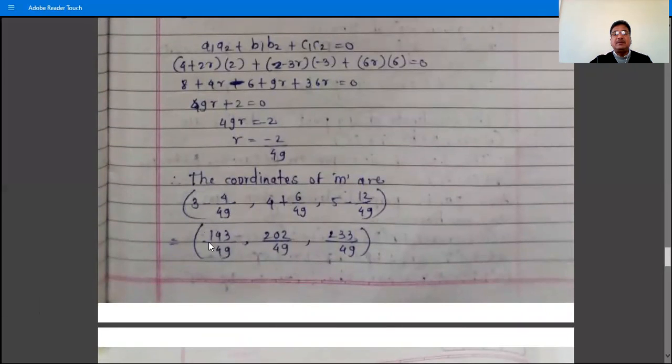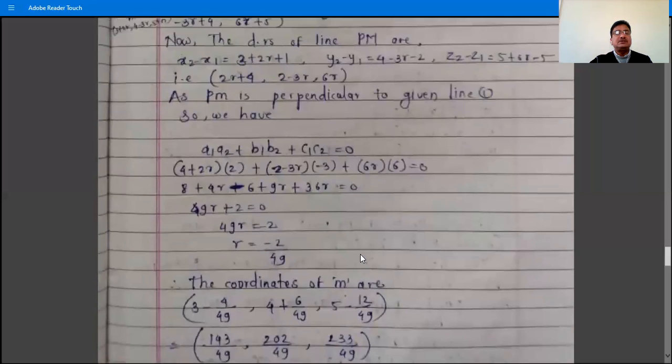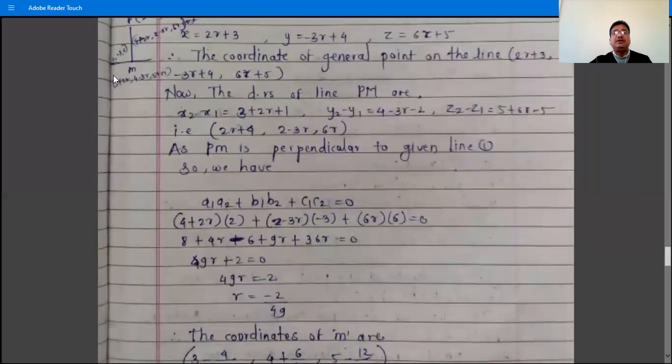After simplification the coordinates of the point M are (143 by 49, 202 by 49, 233 by 49). These are the coordinates of the point M.